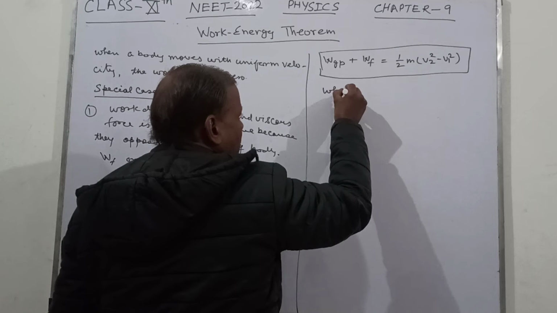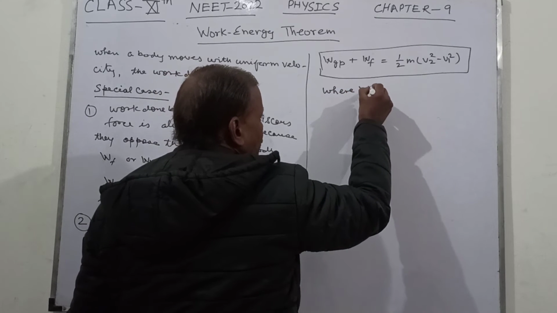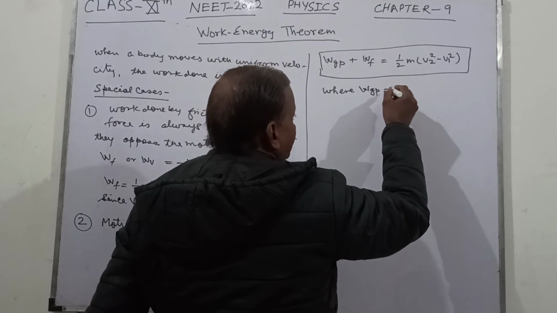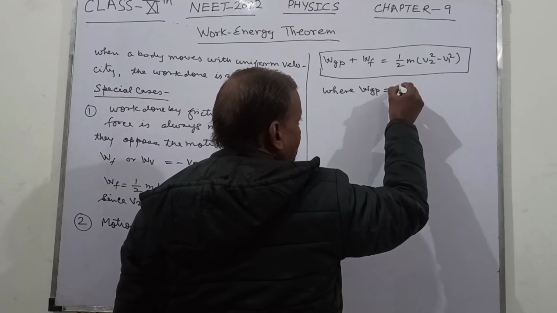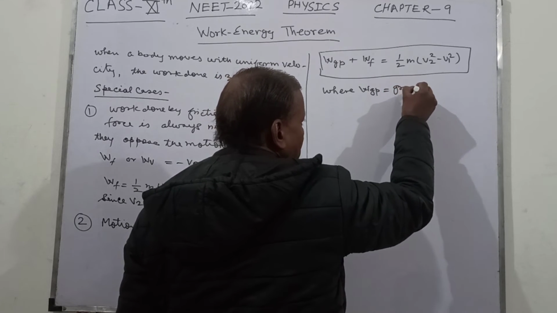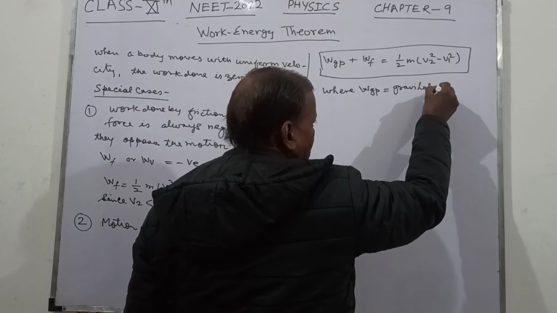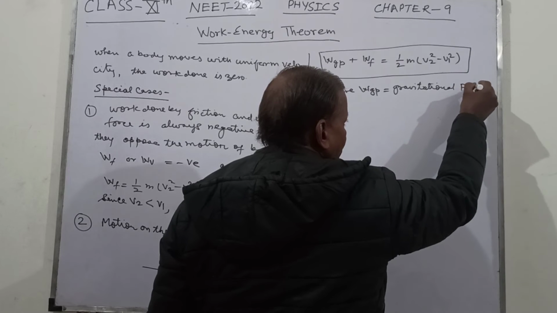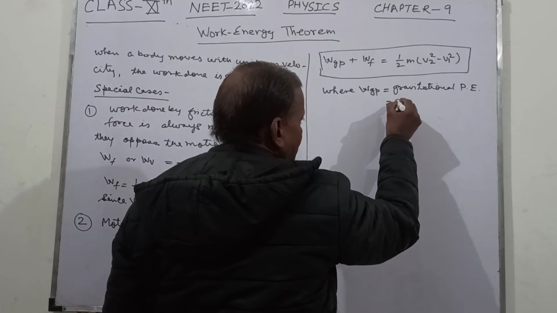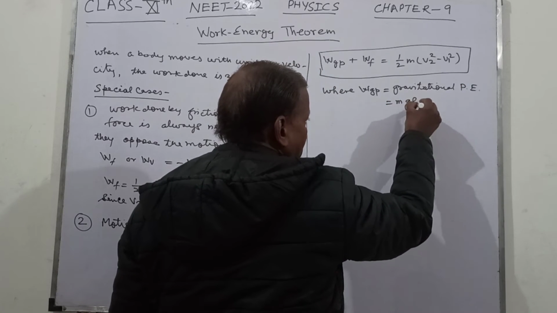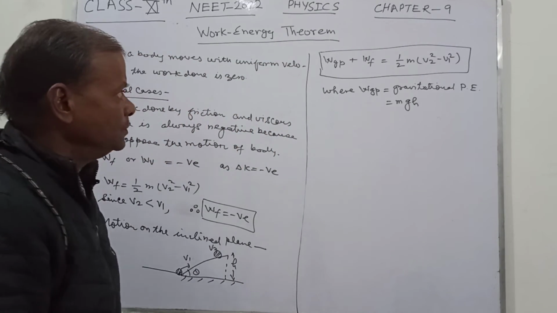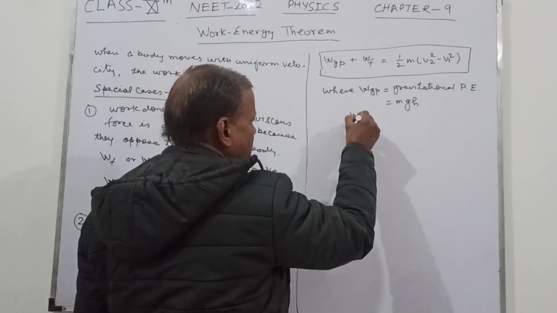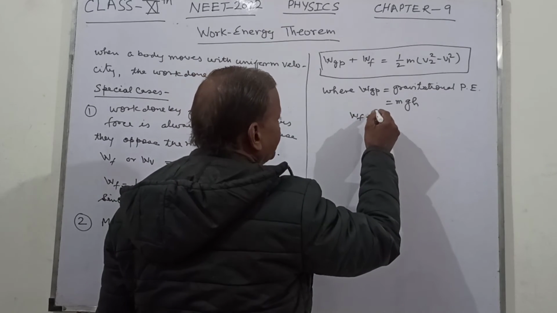Where WGP is the gravitational potential energy, which is equal to mgh, and Wf is the work done by friction.